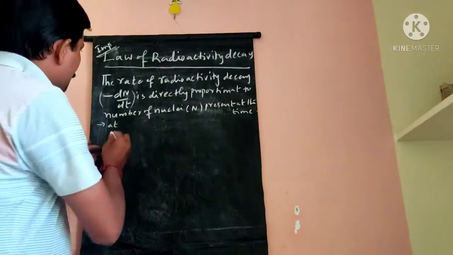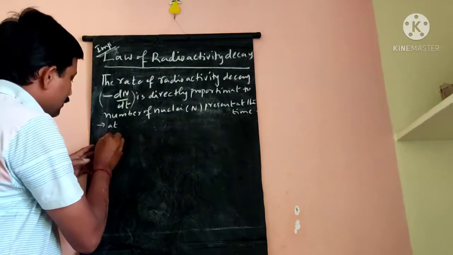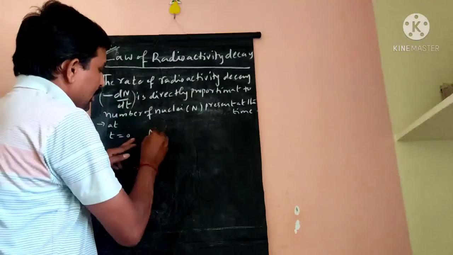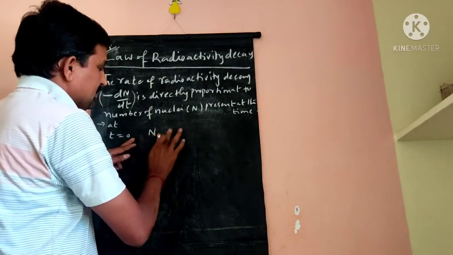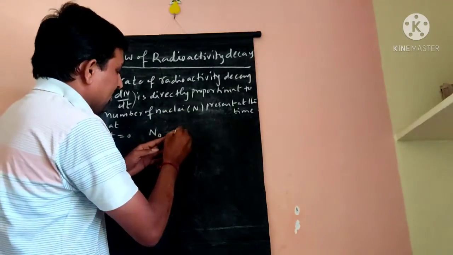Okay, so let us prove the law of radioactivity decay. Consider t equal to 0 seconds. N naught is the number of nuclei.